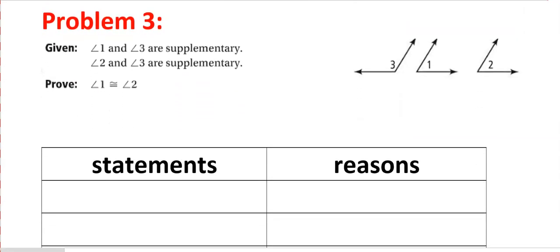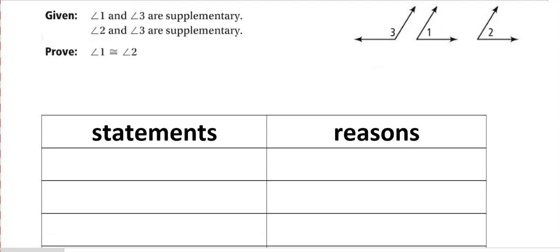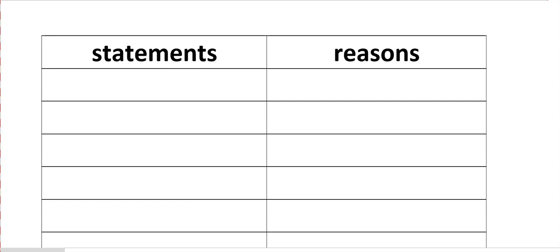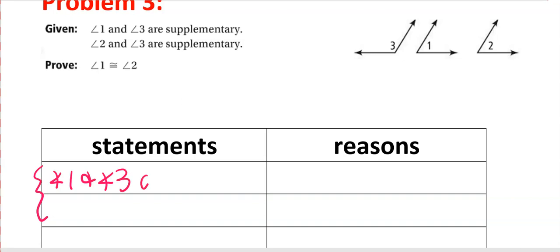I think this is the last proof. 1 and 3 are supplementary, 2 and 3 are supplementary. We have to show that 1 and 2 are the same. So again, the first step, given: angle 1 and angle 3 are supplementary.